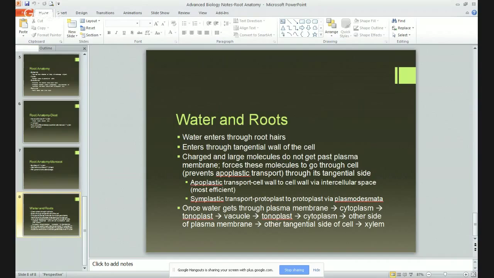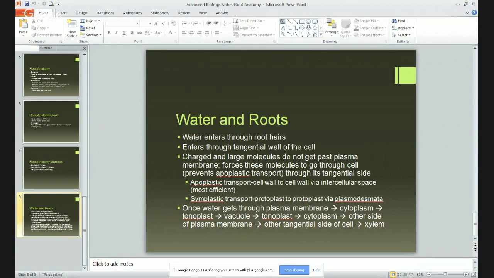So they have to actually go through the cell, kind of like through the proteins there. This produces a type of transport which is called apoplastic transport, which I'll talk about in just a second. Like I said, it forces them to go through the tangential side.